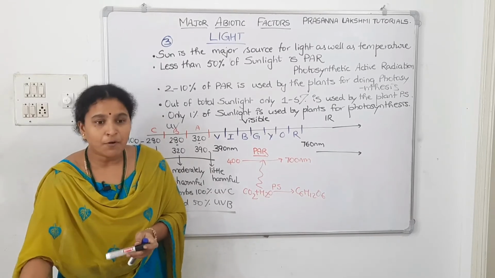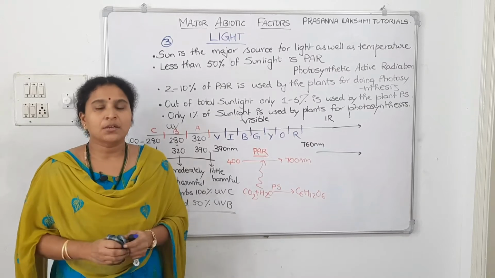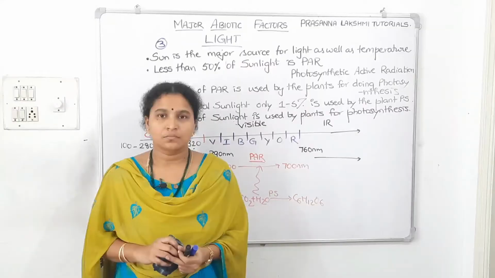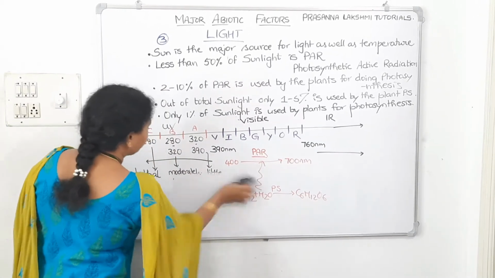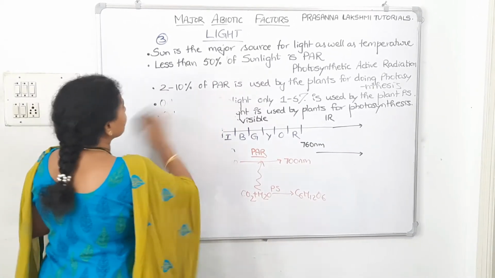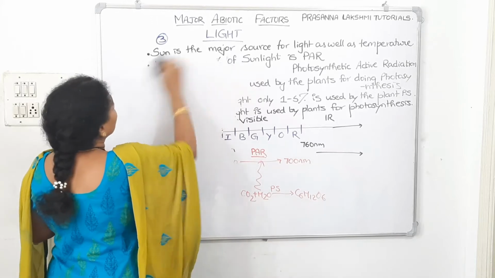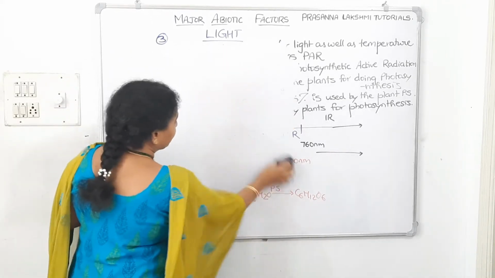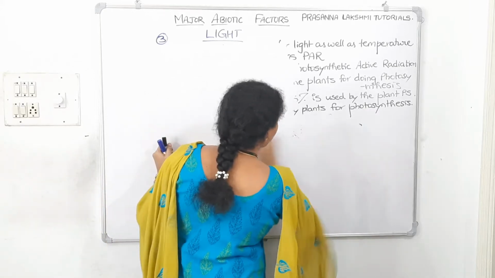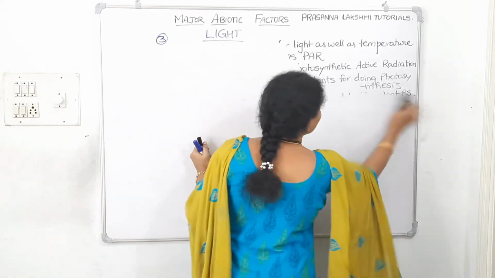Now, for what reasons is light required? Light influences many activities like photosynthesis, growth, pigmentation, foraging activity. All these things are influenced by light.